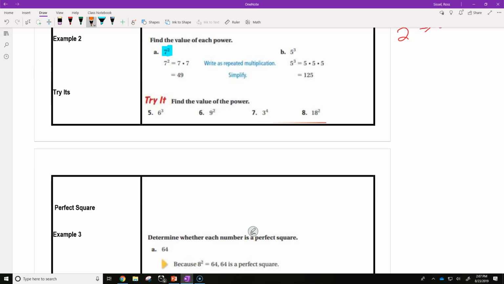Marley? 7. The 7 is. So I'm going to write down 7. My exponent says 2, which tells me I'm going to write down 7 twice. 7 times 7. That's all you have to do. That's step 1. I went from a power, I rewrote it as multiplication.